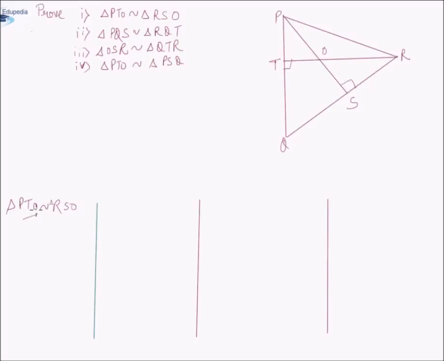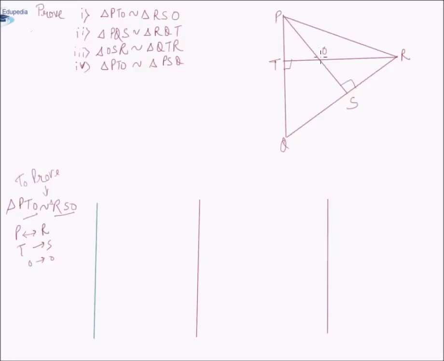Since we need to prove that these 2 triangles are similar, and in the previous question we have learned that there is a specific order in which we can prove the triangles to be similar. If PTO is similar to RSO, we cannot say that POT is also similar to RSO or ROS. So if we need to prove these 2 triangles to be similar, we need to correspond P with R, T with S and O with O.